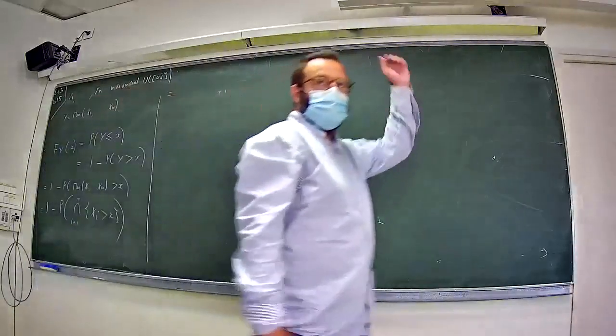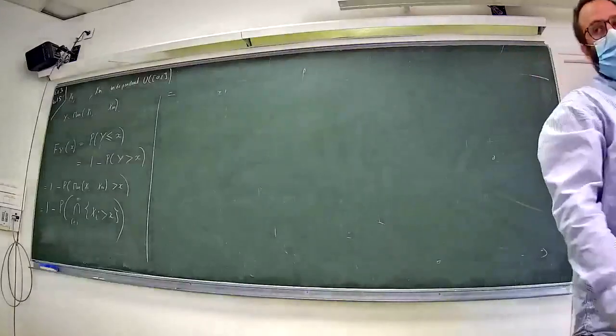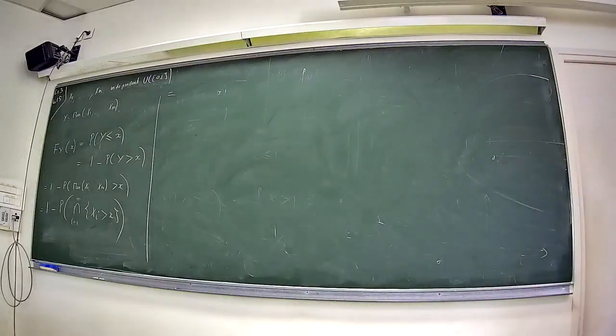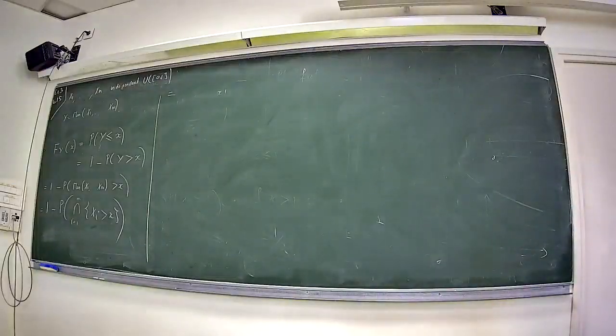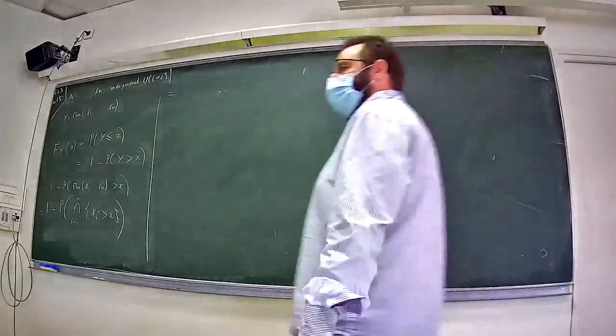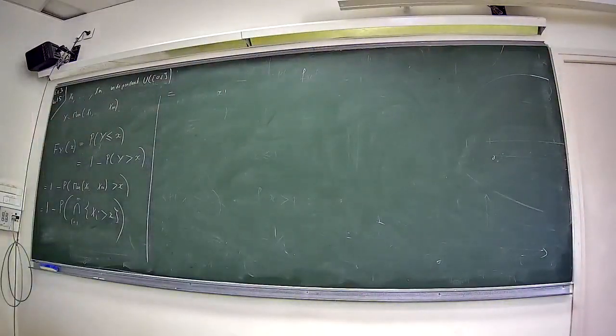1 minus the probability of an intersection. What can I say about the probability of this intersection? I have a statement with hypothesis: I have independence. They are independent. And the fact that they are independent means that the probability of the intersection will be the product of the probabilities.